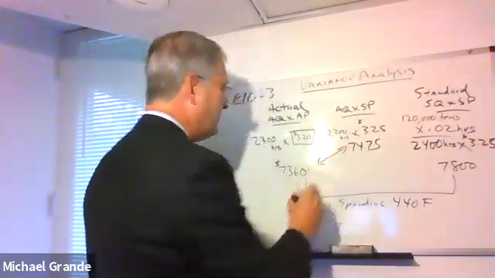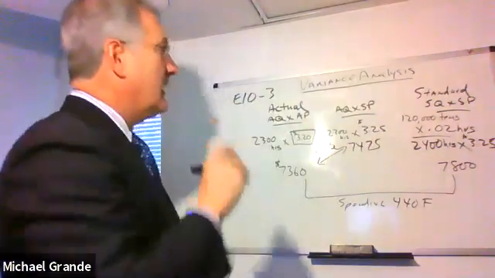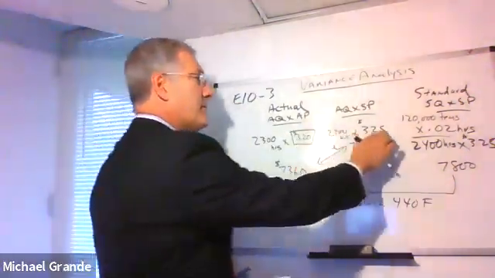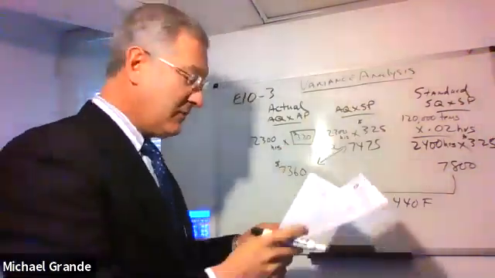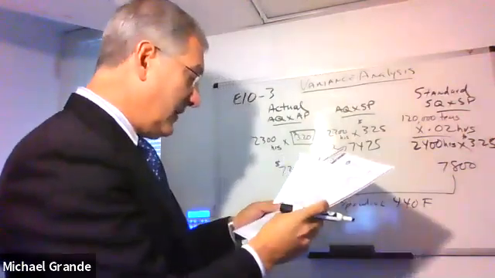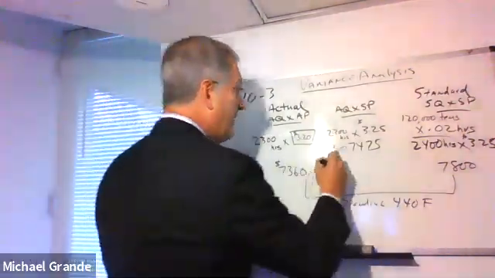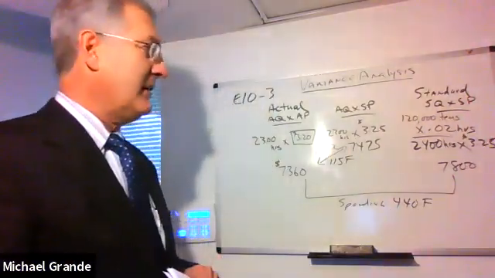The difference between these two numbers is the rate variance. You can see the standard price was $3.25, and they ended up at $3.20, a 5 cent per hour savings. For 2,300 hours, they have a $115 favorable variance.